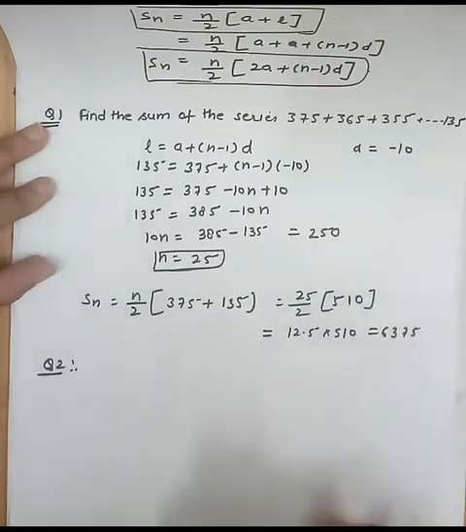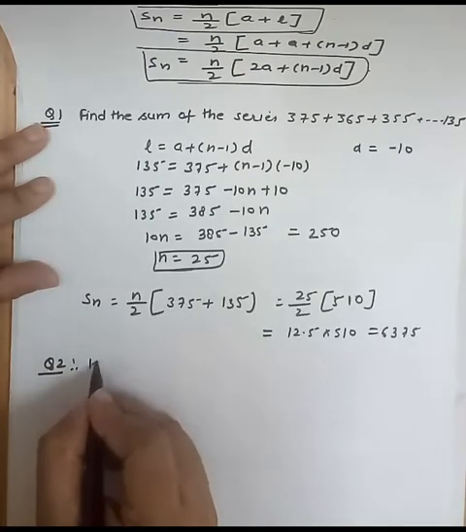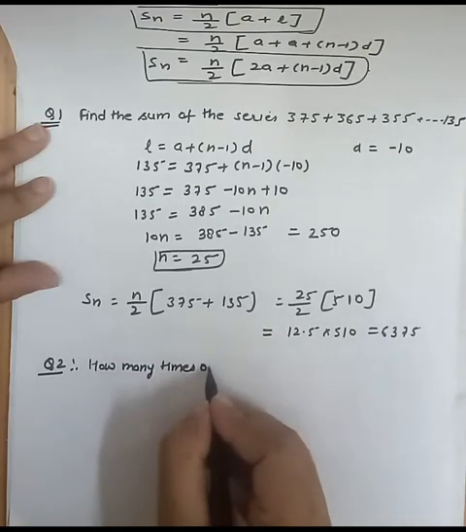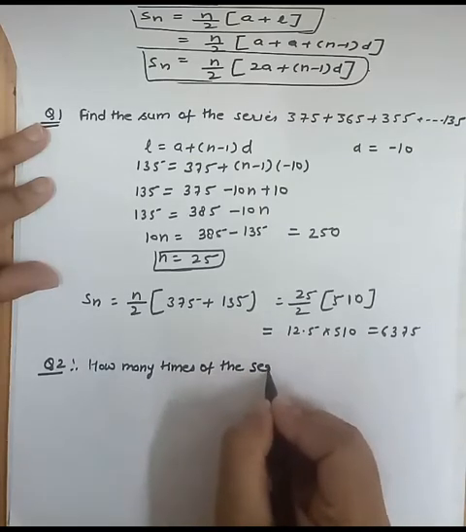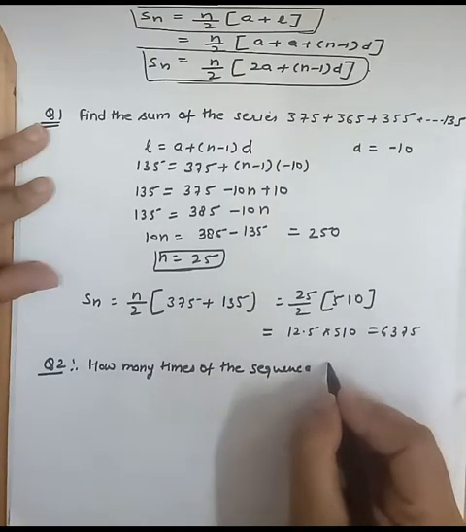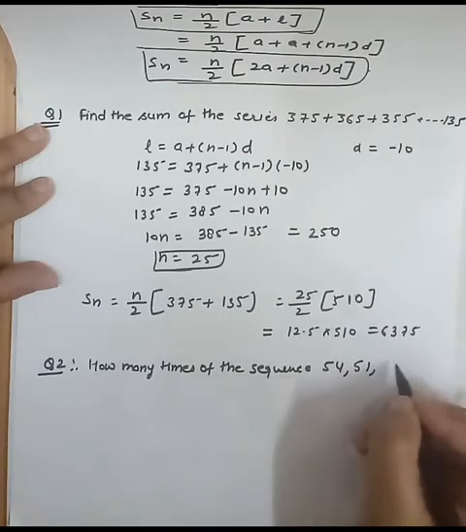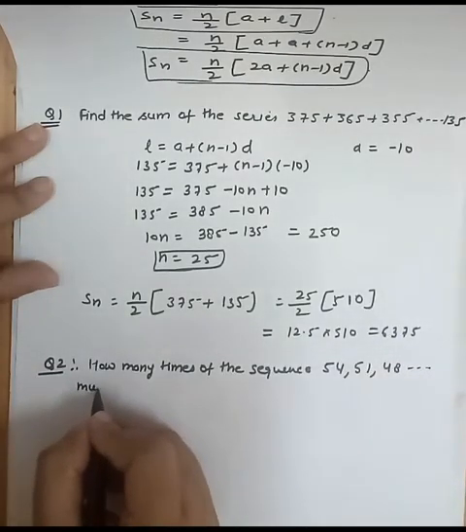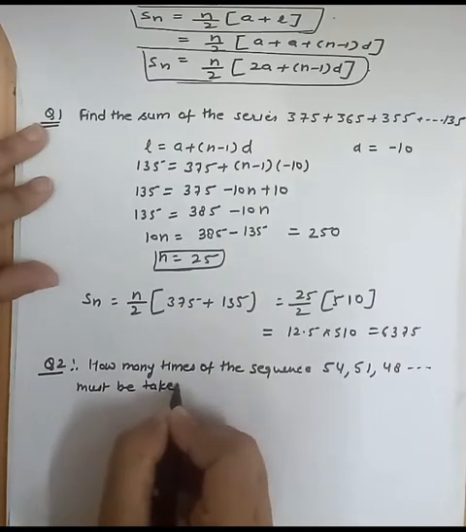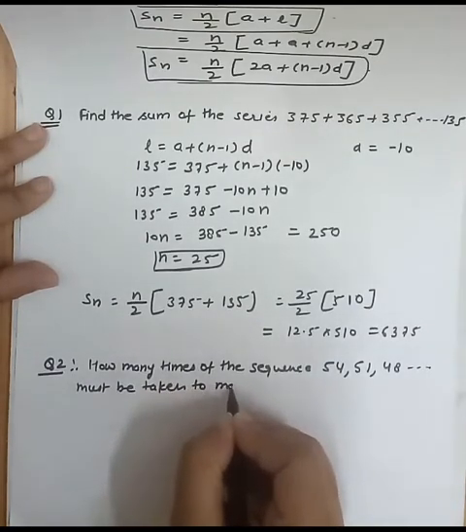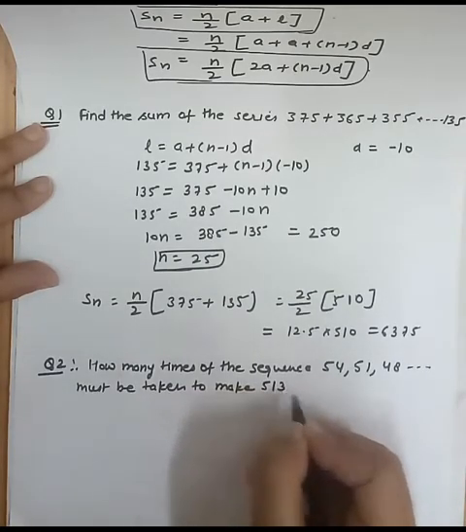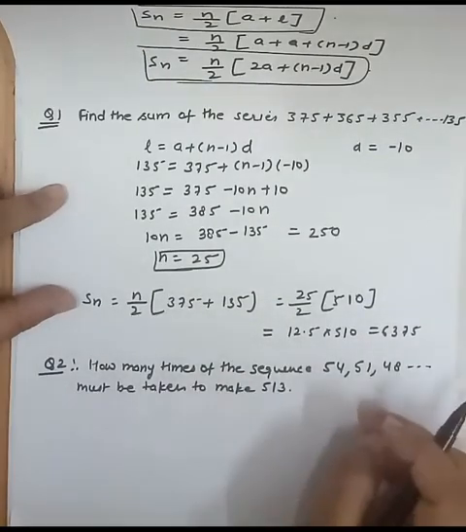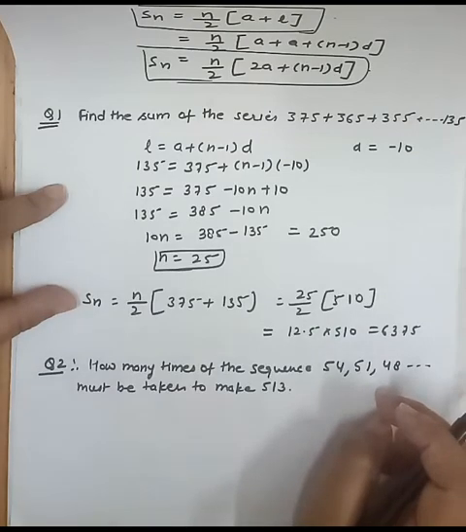Here friends, the question is: how many terms of the sequence 54, 51, 48 must be taken to make 513?